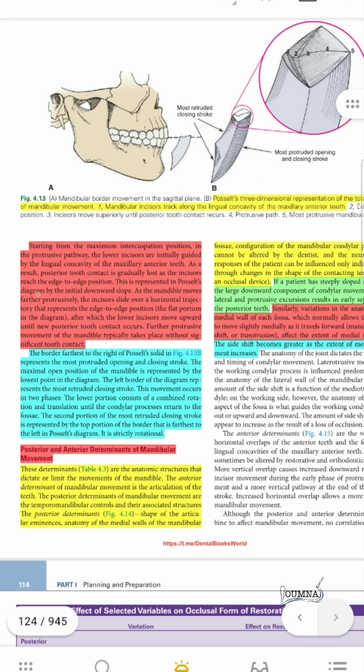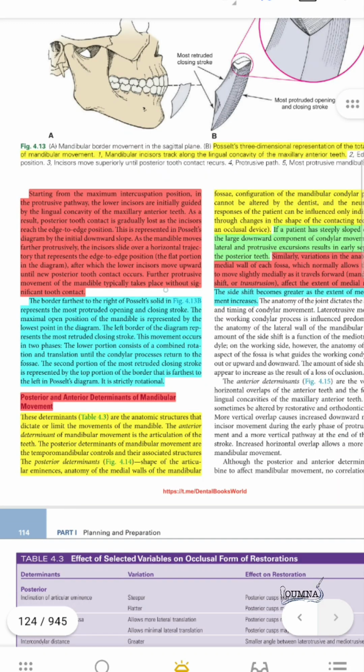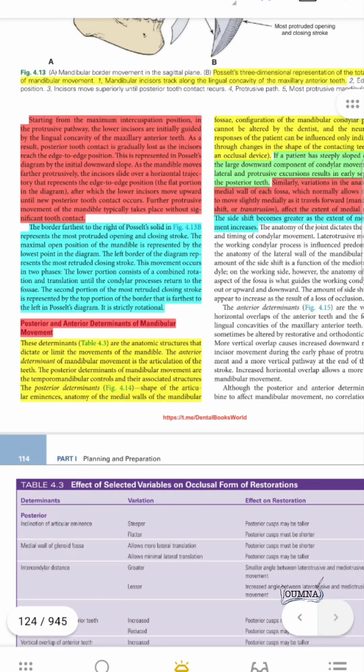As the mandible moves farther protrusively, the incisors slide over a horizontal trajectory that represents the edge-to-edge position. Further protrusive movement of the mandible takes place without significant tooth contact until we reach the maximum protrusion possible.